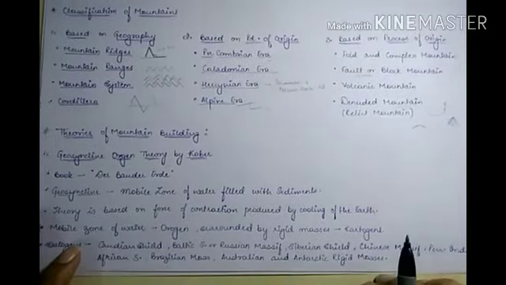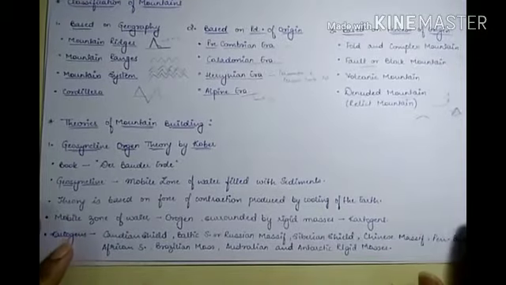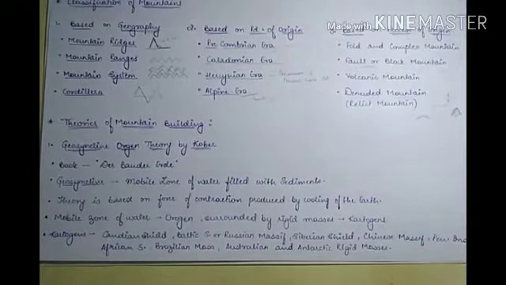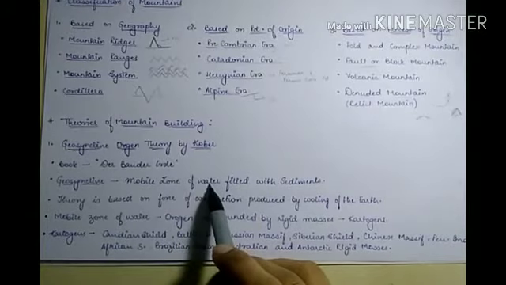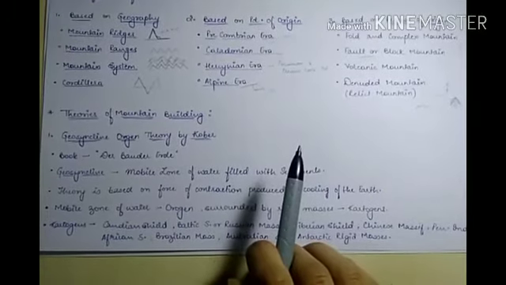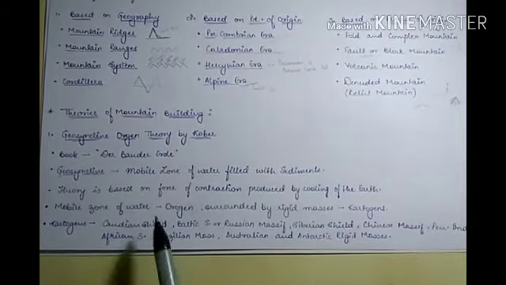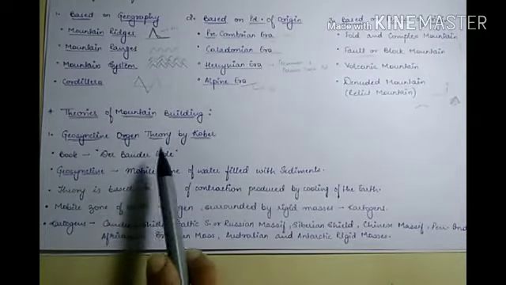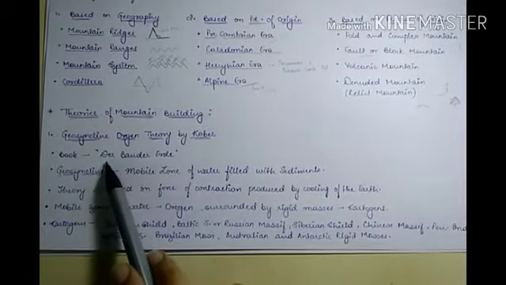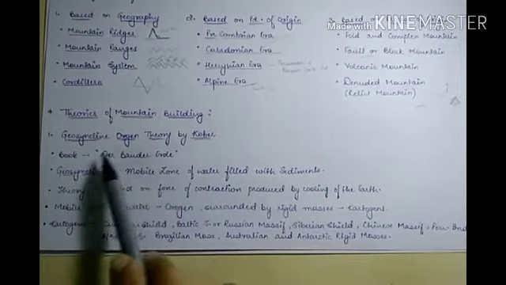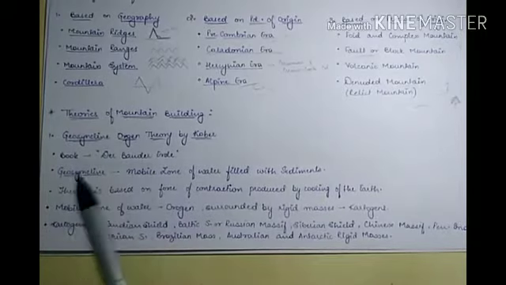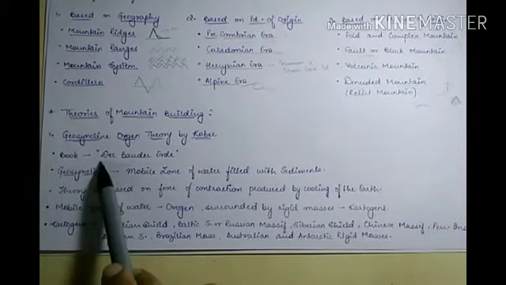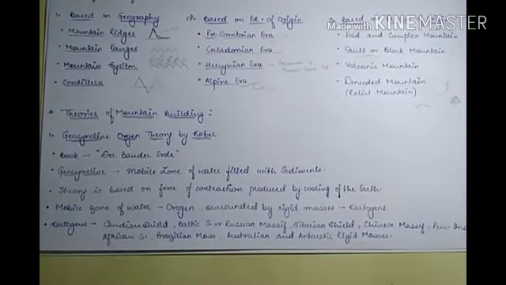We have studied geosynclines. What are geosynclines? Geosynclines are mobile zones of water filled with sediments. The geosyncline orogen theory was given by Kober in his book Der Bau der Erde. This question can be directly asked in the form of MCQs, so this is the name of the book.